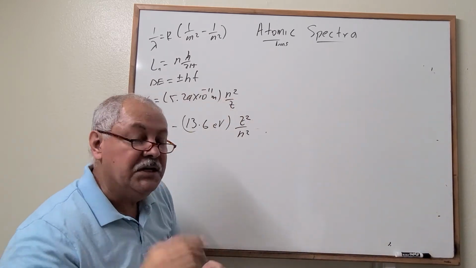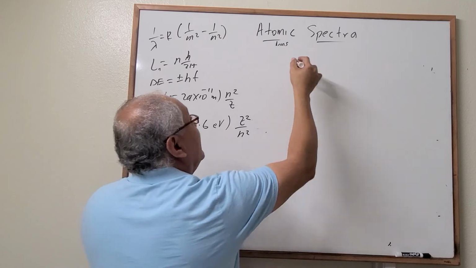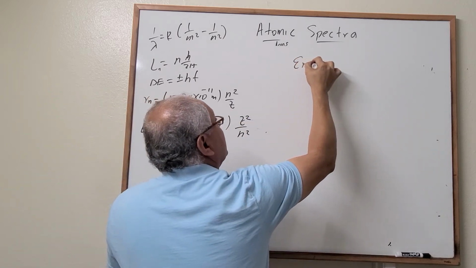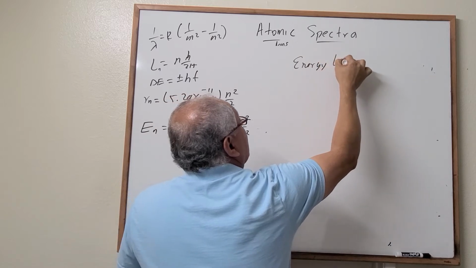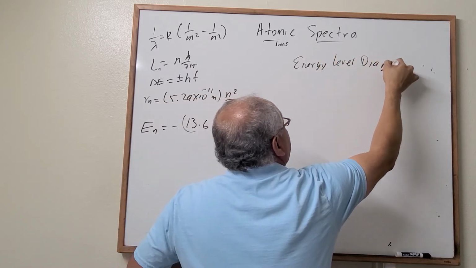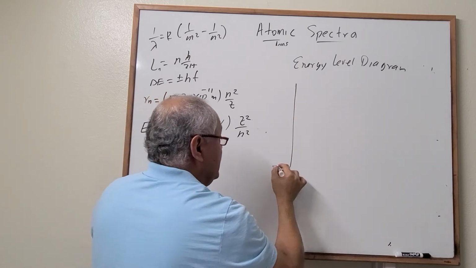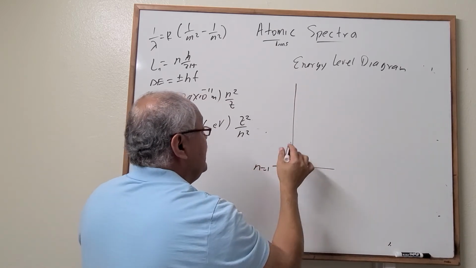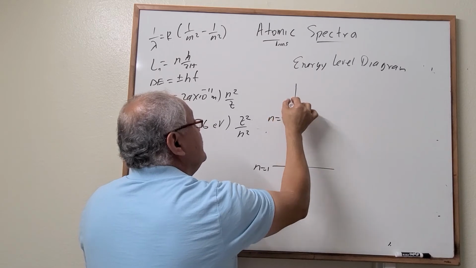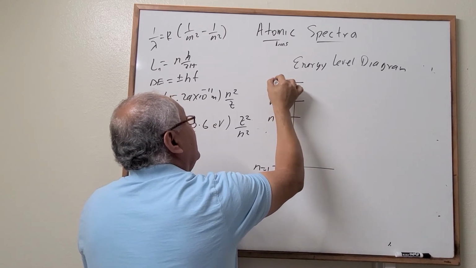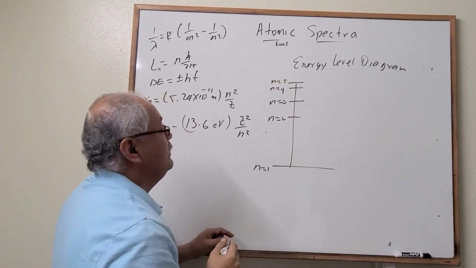Now let's go to the energy level diagram. Using this formula, we get the energy level diagram for hydrogen. This is for n equals 1, n equals 2, n equals 3, n equals 4, n equals 5, and so on.